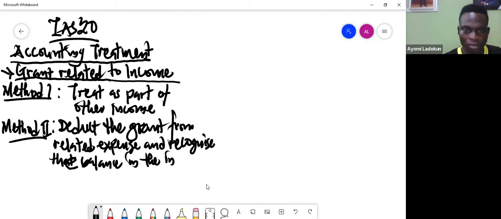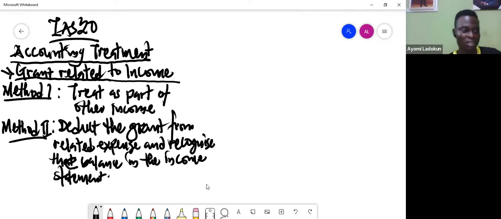So that is what method two is saying. If the expenses is 1 million, for example, you deduct the grant from the related expense, 600,000. Then I recognize the balance, 400,000, in your income statement.